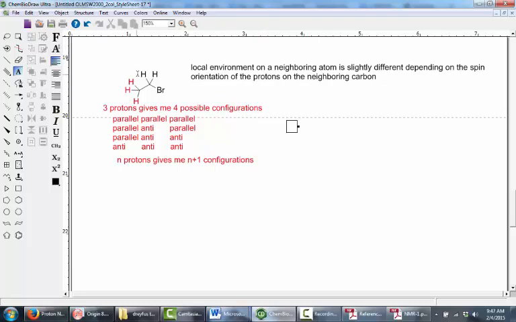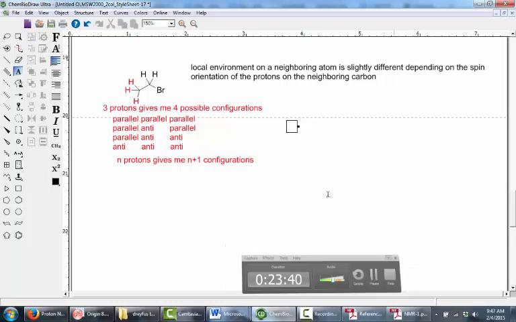Meaning, if this proton here is next to a parallel, parallel, parallel, it will give me one signal. If it's next to a parallel, parallel, anti-parallel, it will give me a separate, slightly different signal. If it's next to a parallel, anti, anti, it'll give me yet a third signal. And if it's next to an anti, anti, anti, then it's going to give me a fourth distinct signal.